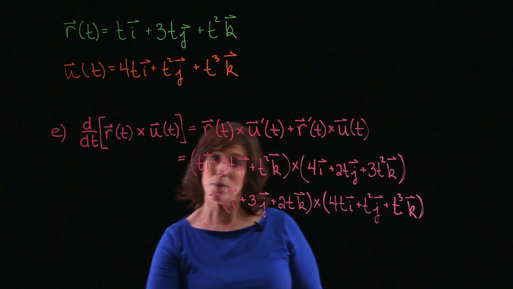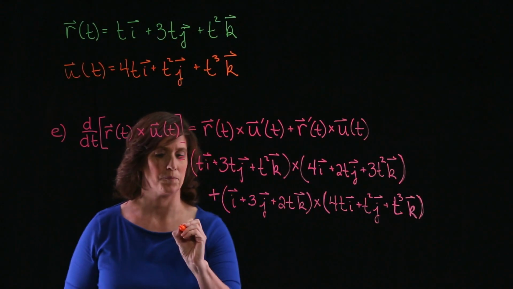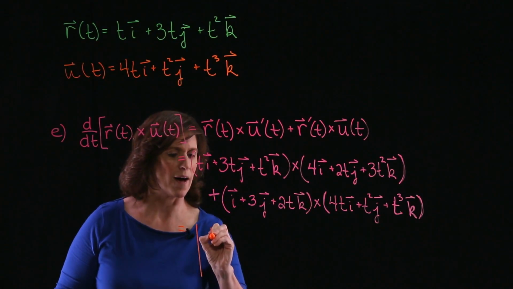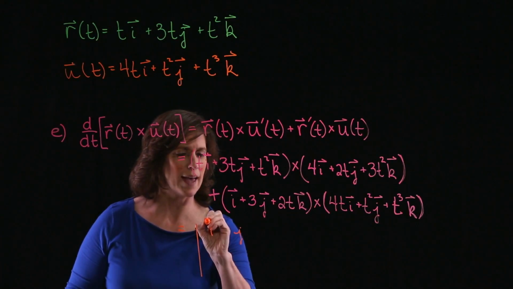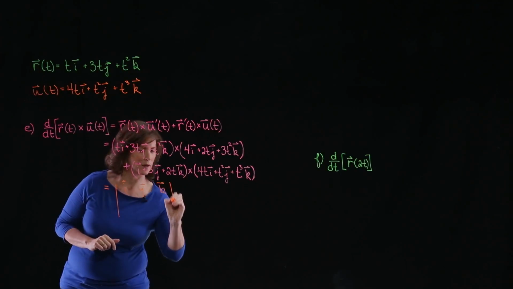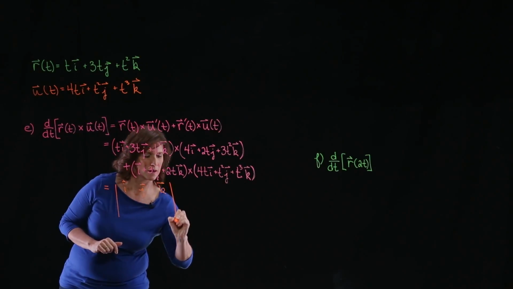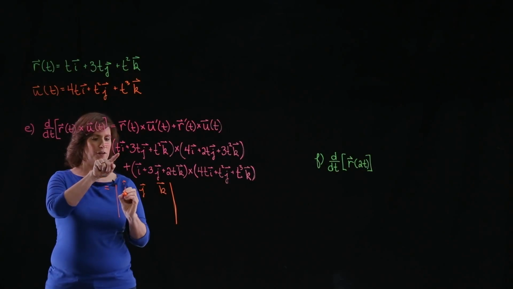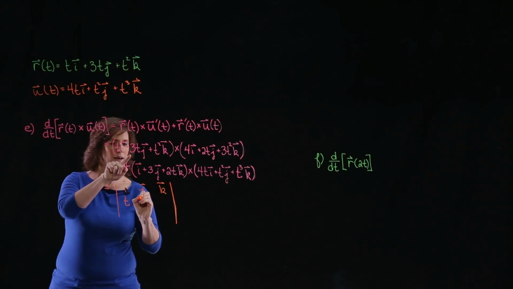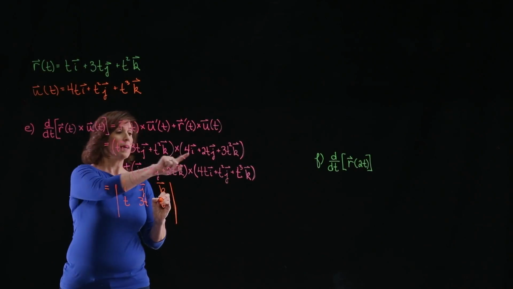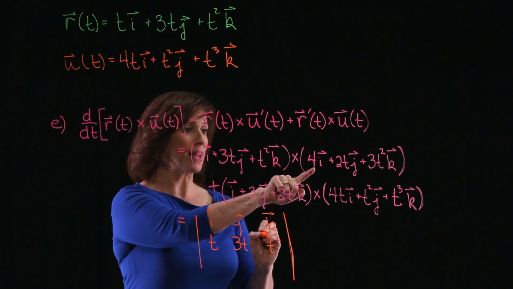All right, so now we need to take the cross products. So remember what happens. We set up determinants. We have i, j, and k for my first row. My second row will be the components of my vector. So that's going to be a t, a 3t, and a t squared. The third row will be the components of my second vector.